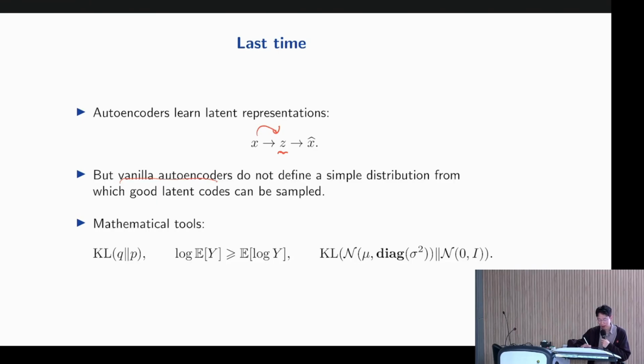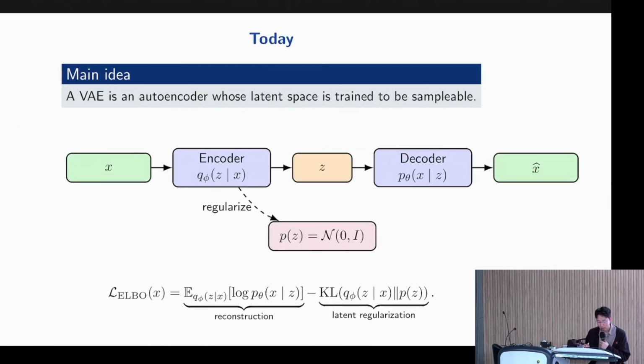So we would like X to get mapped to a distribution that's very close to what we want to sample from. So we talked about various mathematical tools like KL divergence between two distributions, Jensen's inequality, KL divergence between Gaussians specifically. So we spent quite a lot of time discussing these tools and giving you some intuitions.